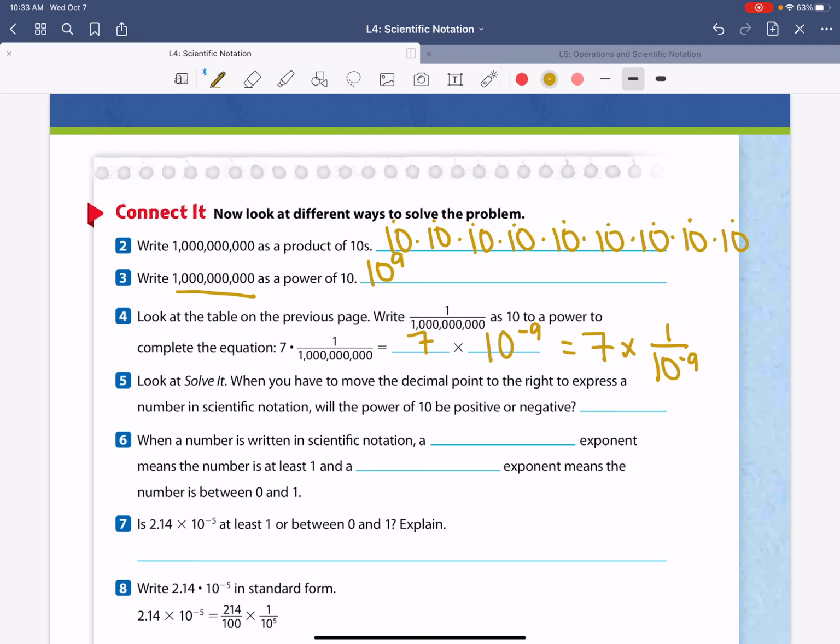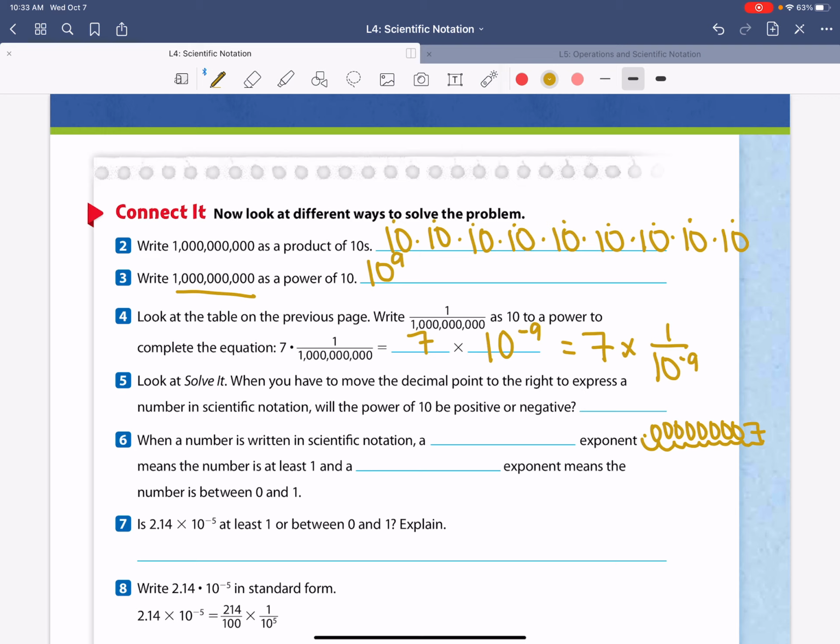Number 5, look at solve it. When you have to move the decimal point to the right to express a number in scientific notation, will the power of 10 be positive or negative? When you move the decimal point to the right, just like we did here, we had 0 point, all those zeros, and we moved it to the right to get a positive 7.